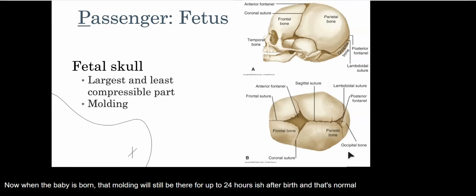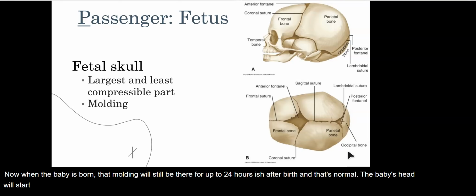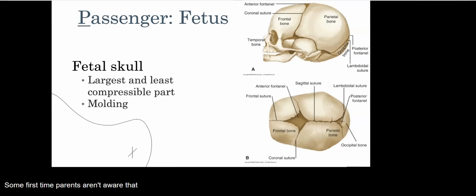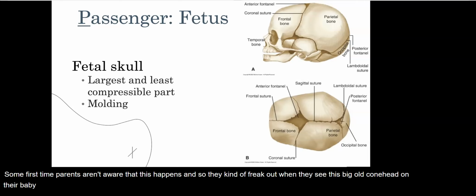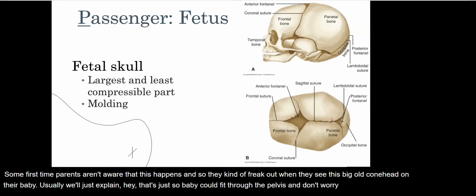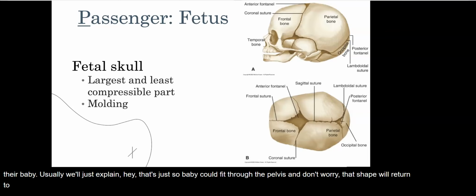The baby's head will start to form back into its nice round shape. Some first-time parents aren't aware that this happens, and so they kind of freak out when they see this big old cone head on their baby. Usually we'll just explain, hey, that's just so a baby could fit through the pelvis, and don't worry, that shape will return to normal very shortly. Then we throw a hat on it and they forget all about it because they can't see it.